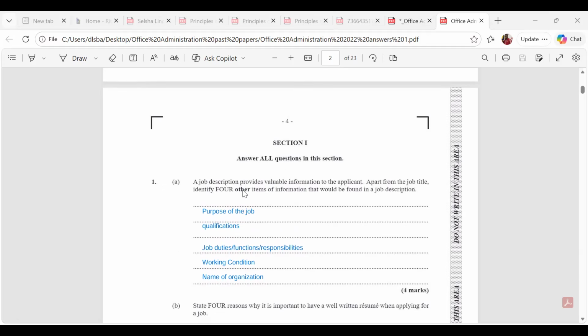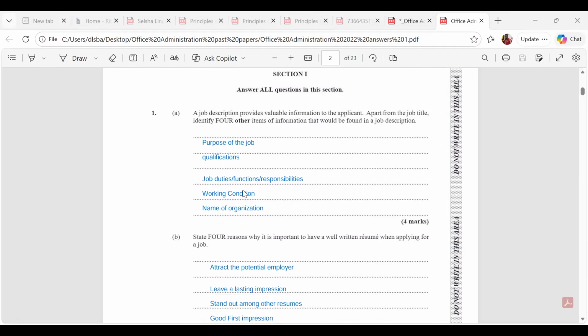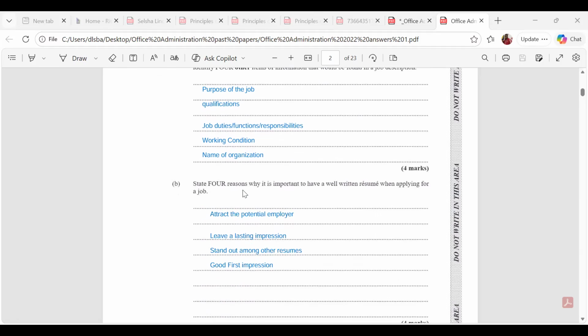It will allow the employer to know exactly what qualifications you have. It will also create a strong first impression. Very good answer so far. All right. Good.